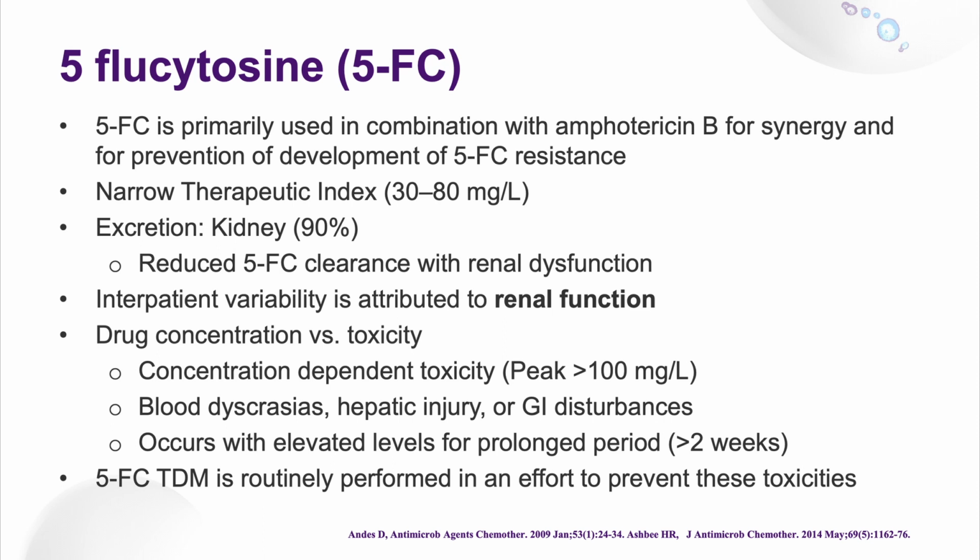Because 90% is excreted by the kidney, in a patient who has impaired renal function you expect accumulation of 5-FC in the systemic circulation, and you may end up with toxicities. Patients can get a variety of toxicities, from simple ones like GI disturbances, nausea, and diarrhea, to life-threatening toxicities including bone marrow suppression or blood dyscrasias, and hepatotoxicity and hepatitis.